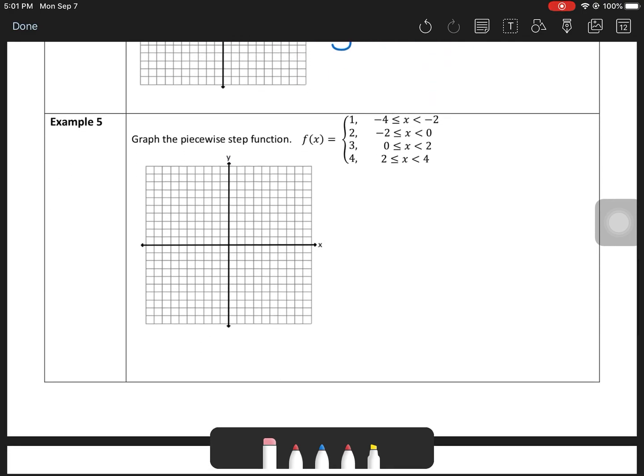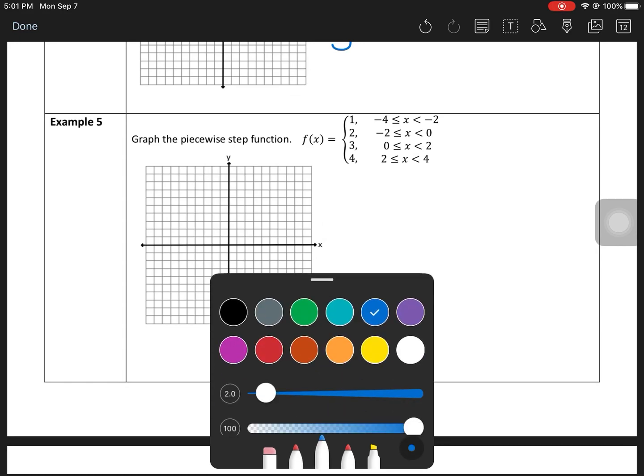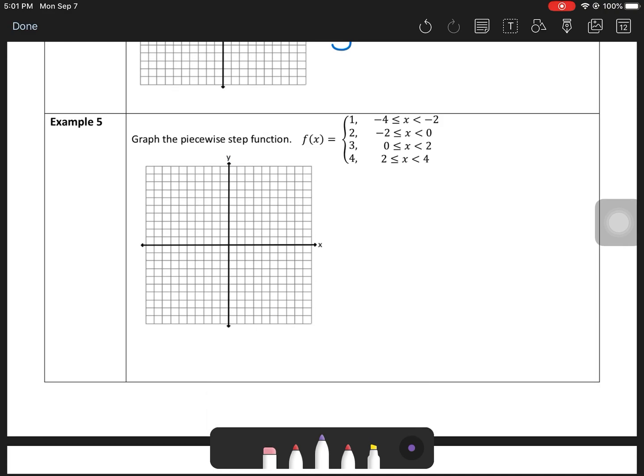In the next example, we know that we have a step function. And not only because it tells us in the directions, but because each of these is a single value, showing that these are going to be horizontal lines. So we have a horizontal line at y equals 1.